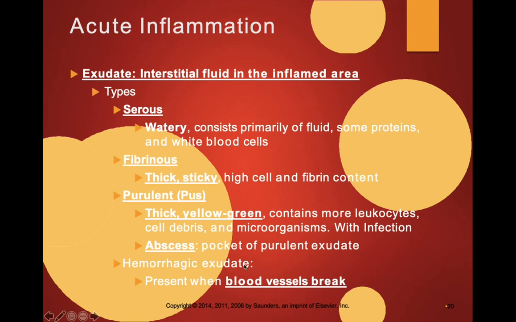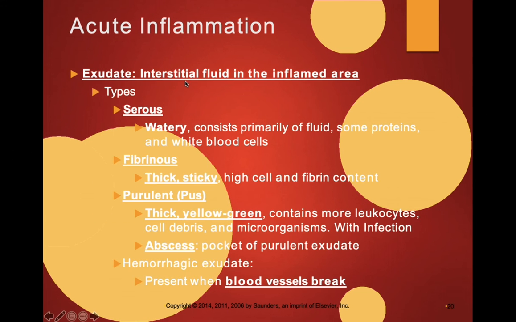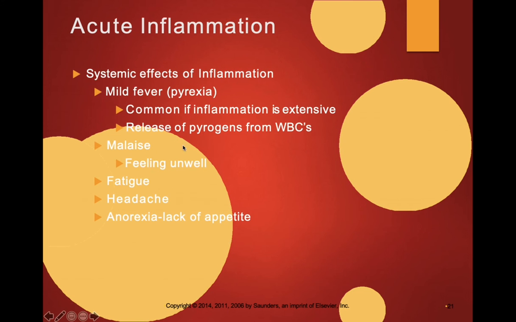All right, the hemorrhagic exudate is present when blood vessels break. Still, under acute inflammation, the systemic effects. Right before, we talked about local effects, right? So we have the accumulation of this fluid more locally, but the systemic effects could be pyrexia, a mild fever.